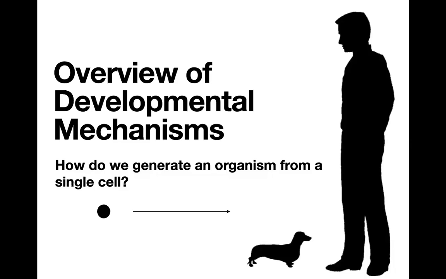All the cells have the same genome, they all have the same information, and yet they form an organism. It forms in the correct pattern at the right time. So how do cells know what they should become?